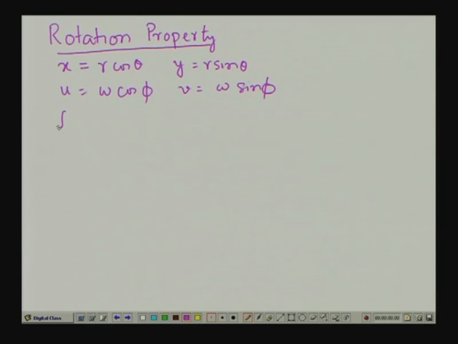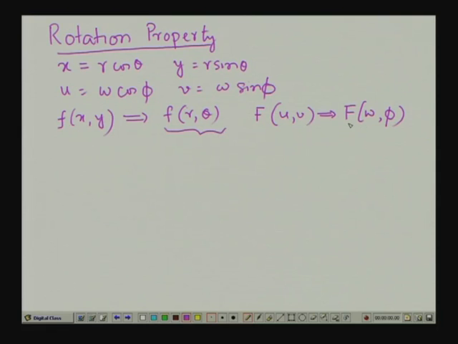So, by this, our original two-dimensional signal, the two-dimensional array in the plane f(x,y), gets transformed into f(r, theta), and the Fourier transform coefficients F(u,v) now get transformed into F(omega, phi). Now, if we compute the Fourier transformation using these polar coordinates, it will be found that f(r, theta plus theta naught) has the corresponding Fourier transformation F(omega, phi plus theta naught).